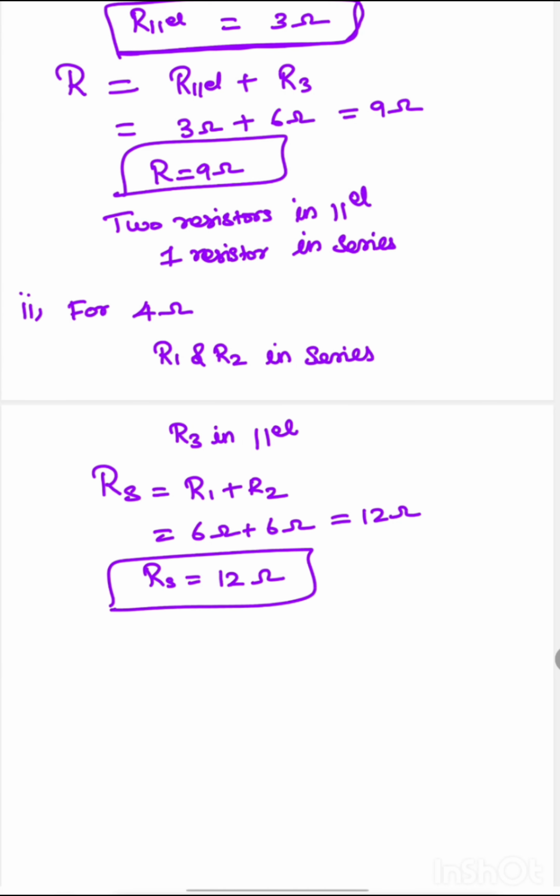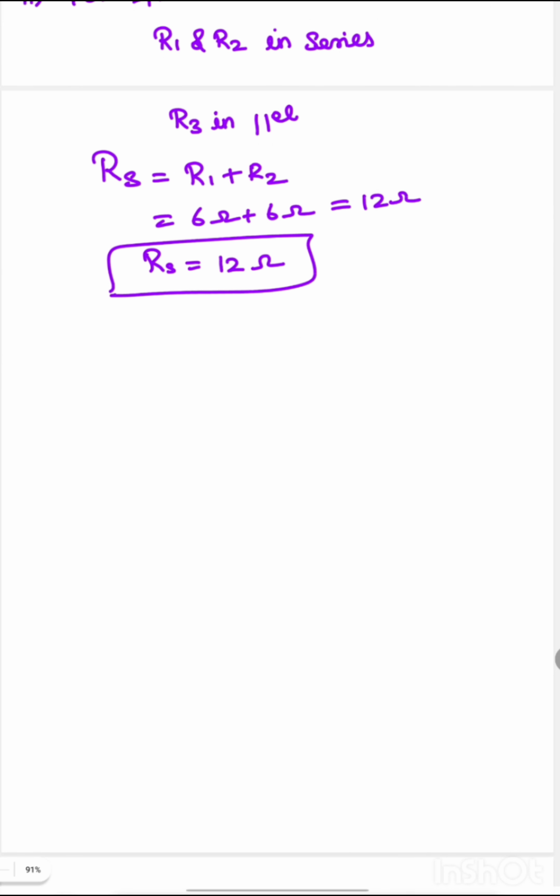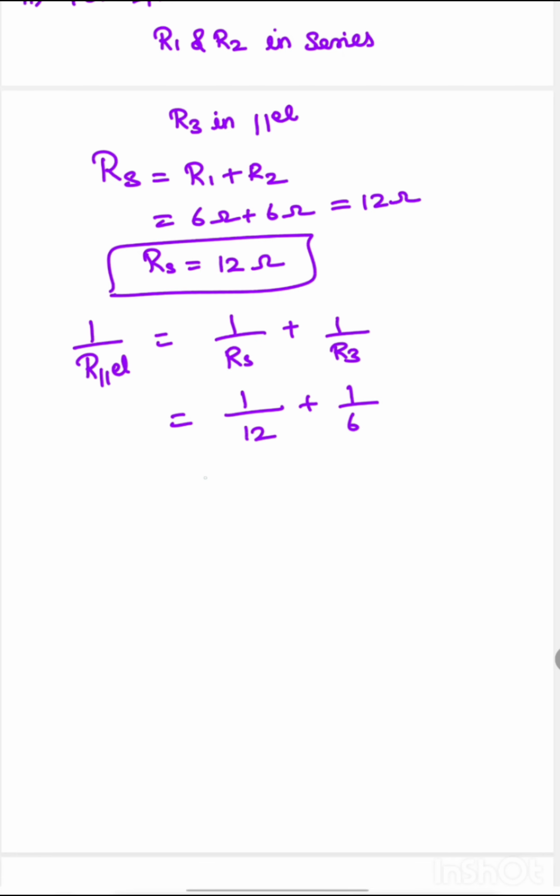Now this is connected in parallel with R3, which means for the total resistance in the parallel combination, 1 by R parallel is equal to 1 by Rs plus 1 by R3, which is equal to 1 by 12 plus 1 by 6. So 6 plus 12 divided by 72, which is equal to 18 by 72.